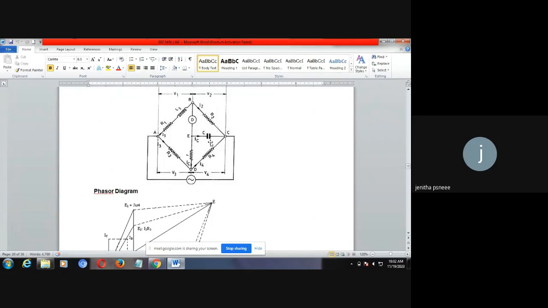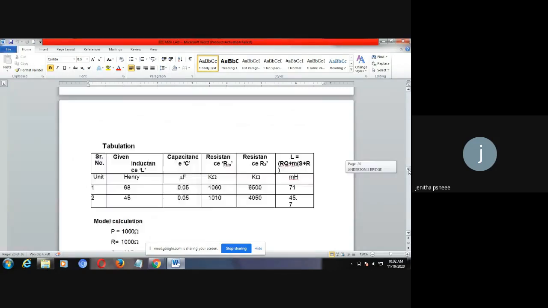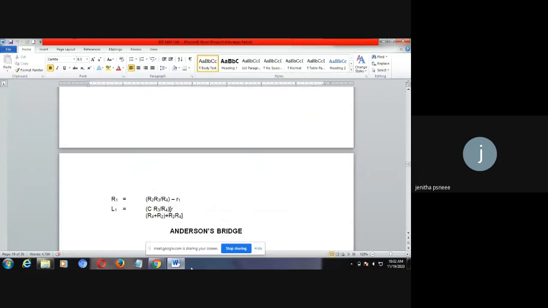See here the constructions are different, and we are keeping one capacitor as a fixed capacitor here. According to the derivation, you will be finding the formula: L equal to C into R3 by R4 into small r into R4 plus R2, plus R2 into R4. If you derive the Anderson bridge, you will get the balancing point of inductance. This is your unknown value of inductance.